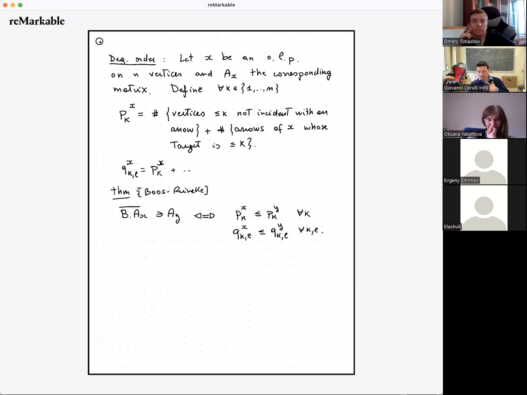So this kind of description of the orbit closures is what we would like to have for the orthogonal symplectic case.